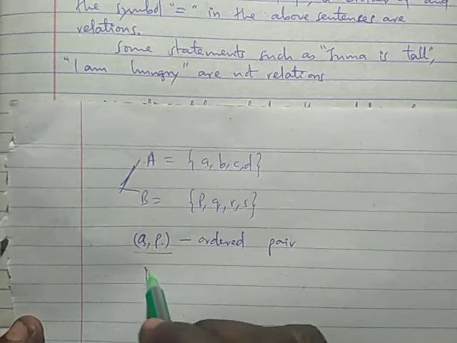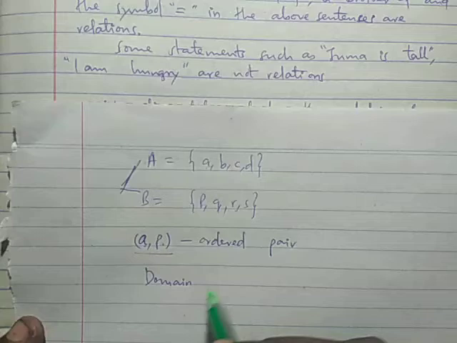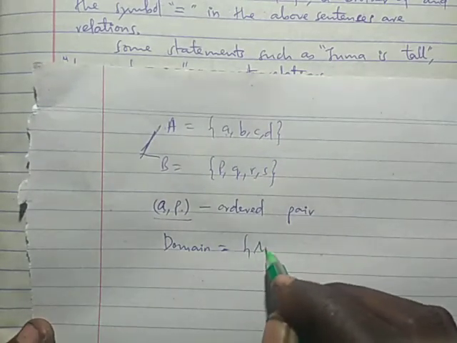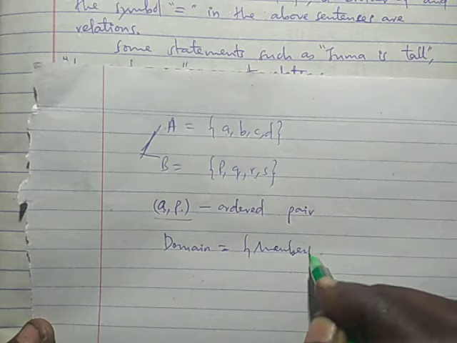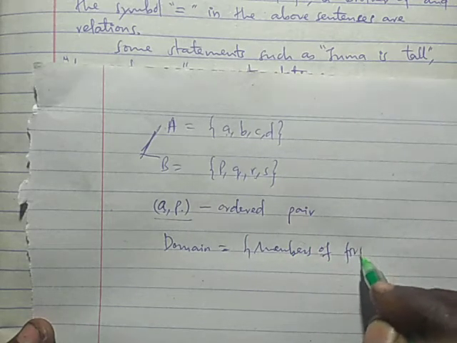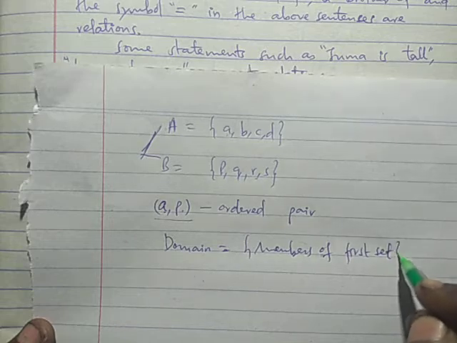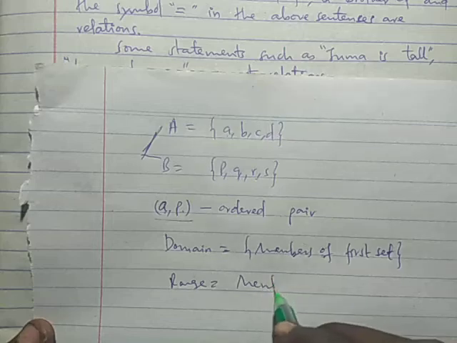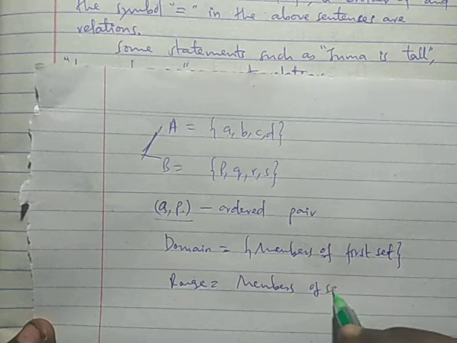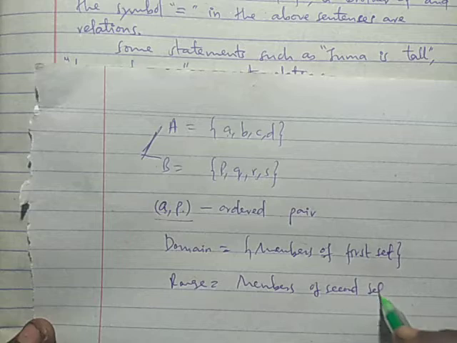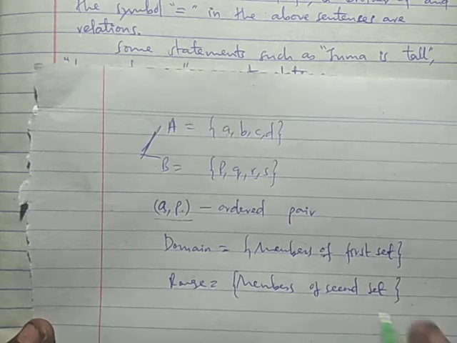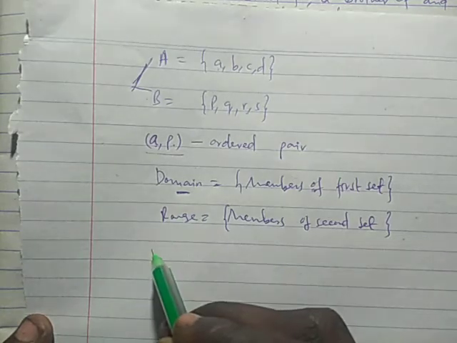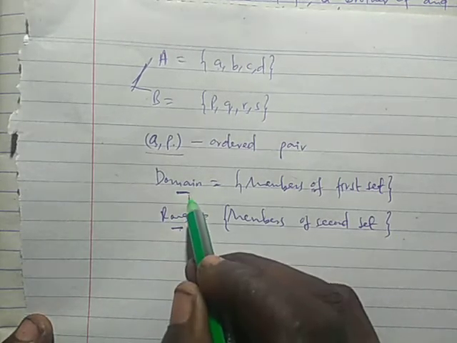Lakini tunavyosema domain, domain ni kama members of first set, na range hawa ni members of second set. Kwa hiyo tutaenda kuona kwamba domain ye huwa anajitegemea independent, lakini range anamtegemea domain.